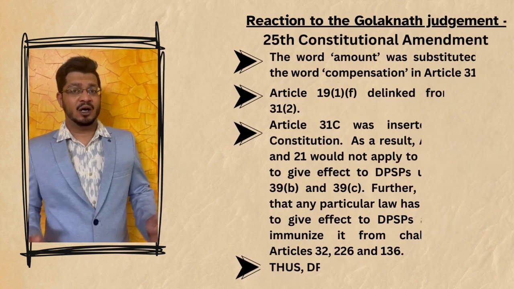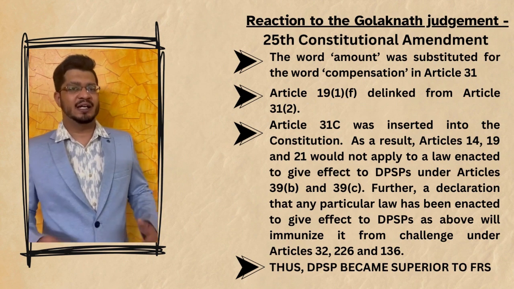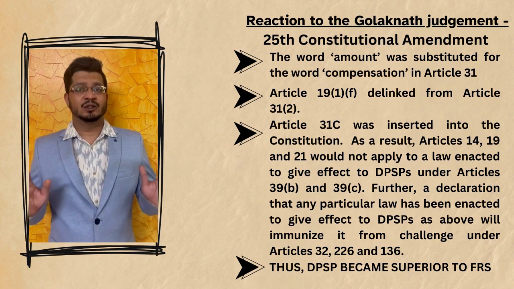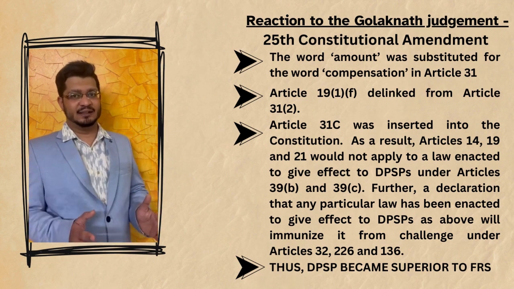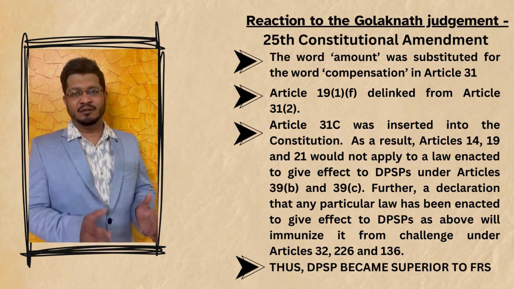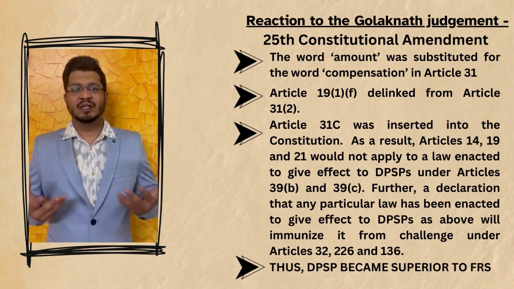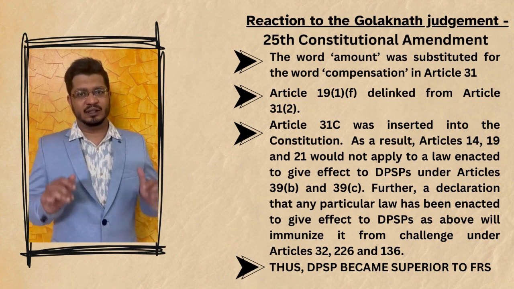The Parliament also enacted the 25th Constitutional Amendment to try and get over the decision of the Supreme Court in the Golaknath case. So what was the 25th Constitutional Amendment? In essence, Article 19(1)(f) was delinked from Article 31, subclause 2. Next, Article 31C was inserted into the Constitution.